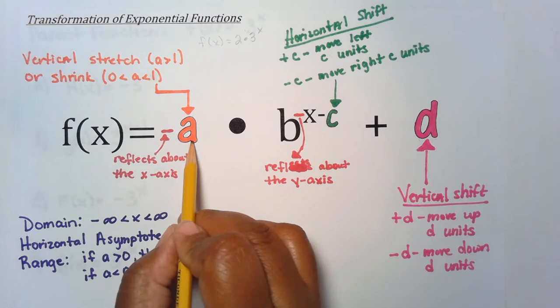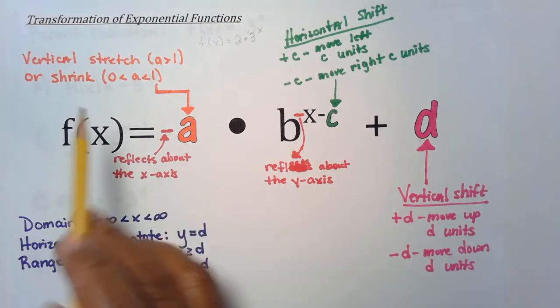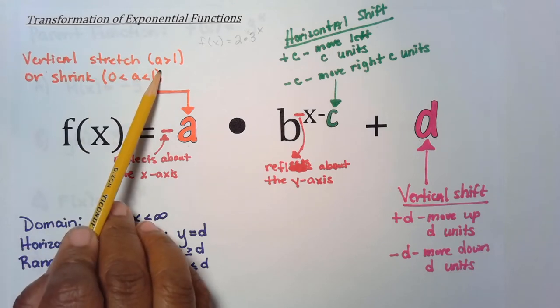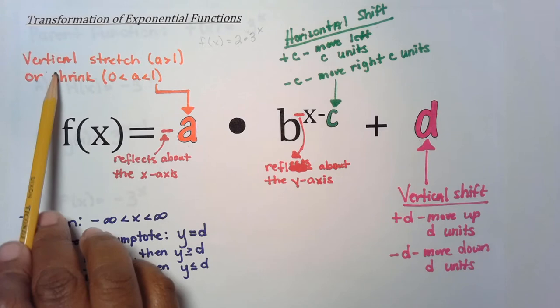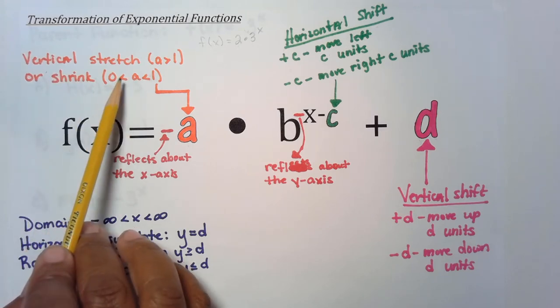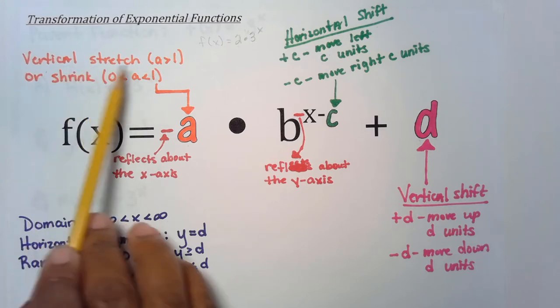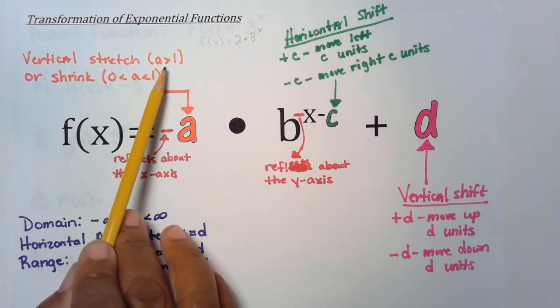If there's a number in front, it's going to either be a vertical stretch if that number is positive, or a vertical shrink if the number is between 0 and 1. Let me clarify: the vertical stretch is if the number is positive but greater than 1.